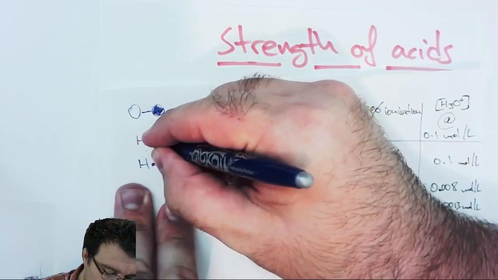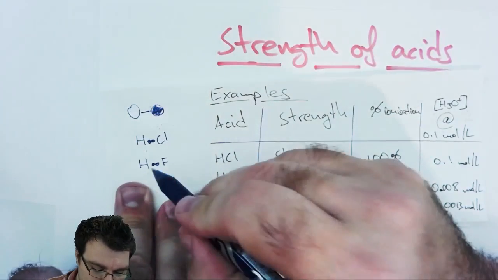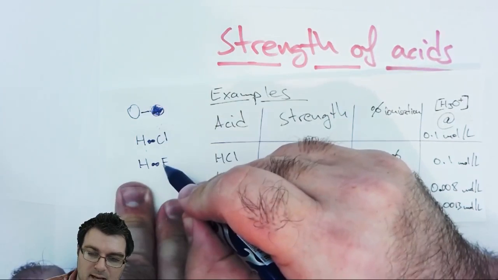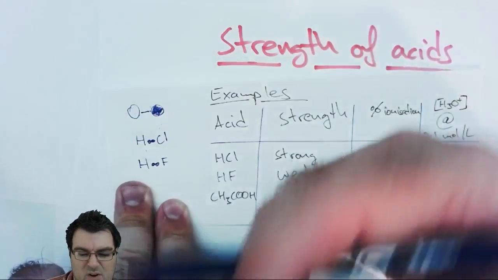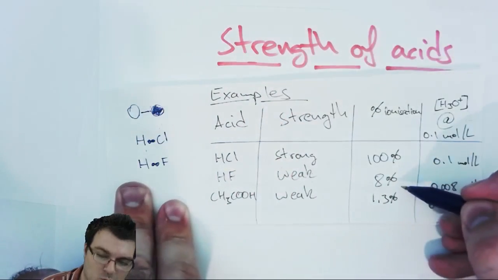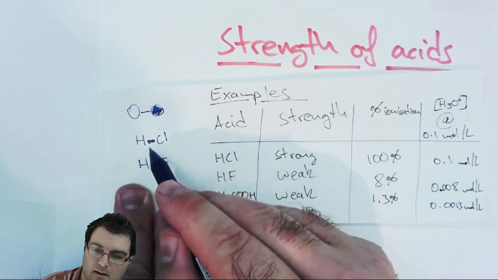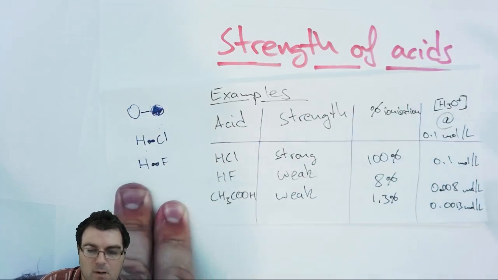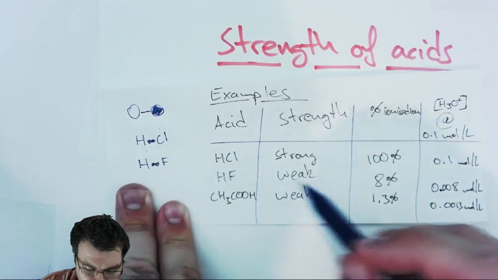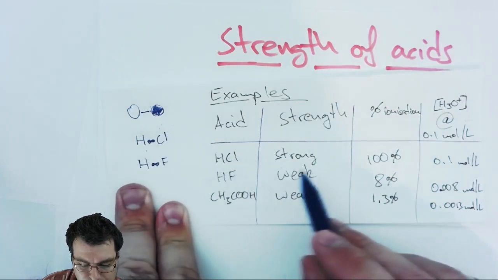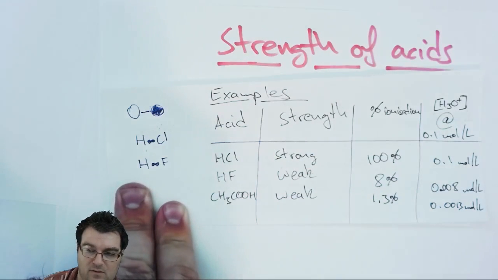So in hydrofluoric acid, where there's a pair of electrons in the bond, that fluorine does not want to give away those electrons and holds tightly onto them, so only a very small quantity can ionize in solution. Hydrochloric acid, however, is quite happy to give away those electrons, and as a result, it will react readily with water. It will readily ionize, and we consider that to be a strong acid.